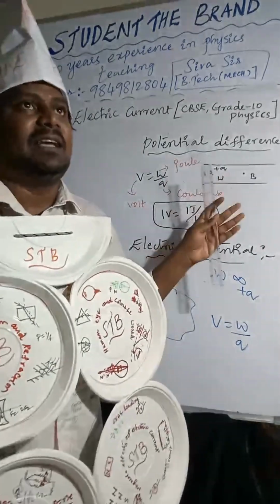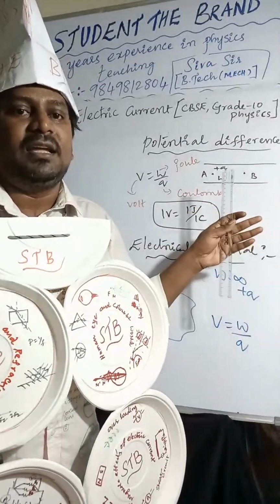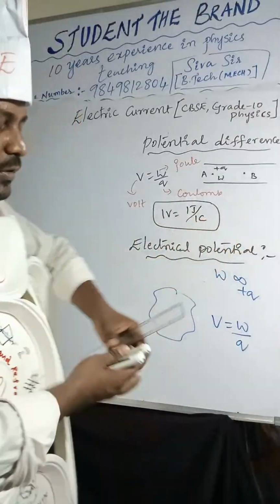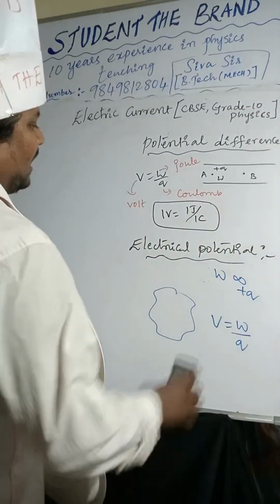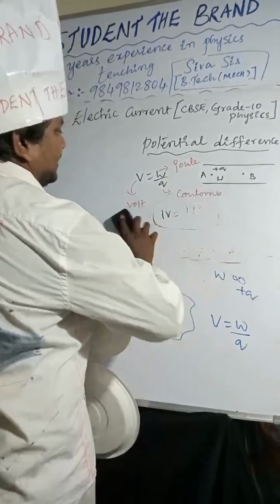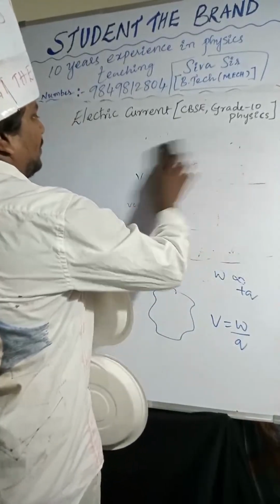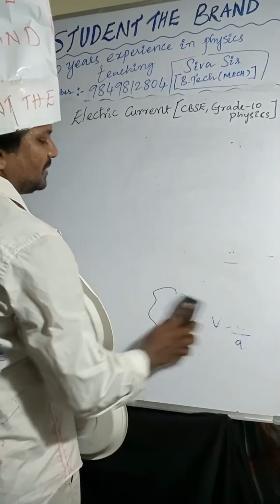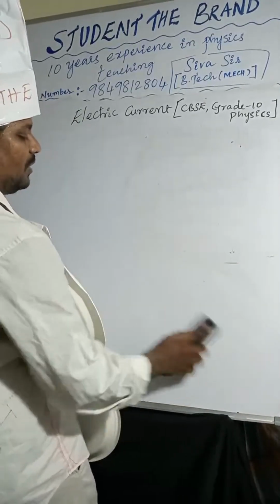So I will tell one example of how we consider potential difference. Here I am considering two beakers.